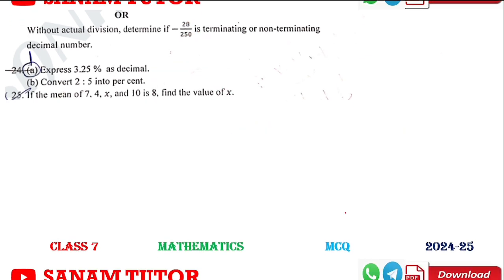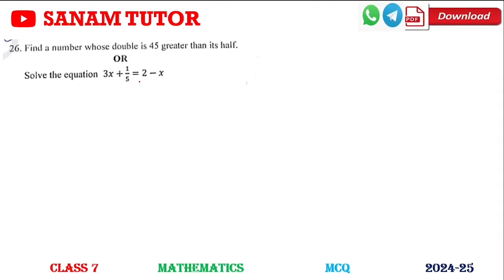Next question: find the number whose double is 45 greater than its half. Suppose the number is x.